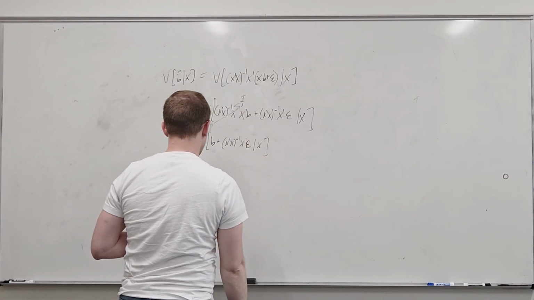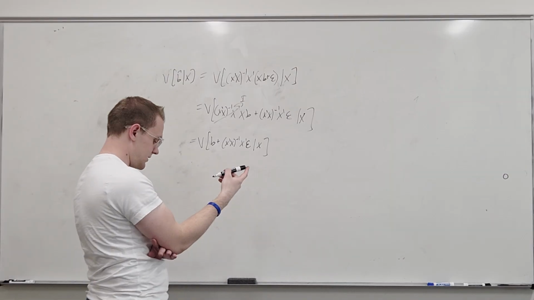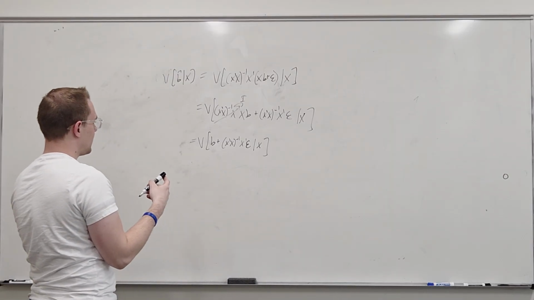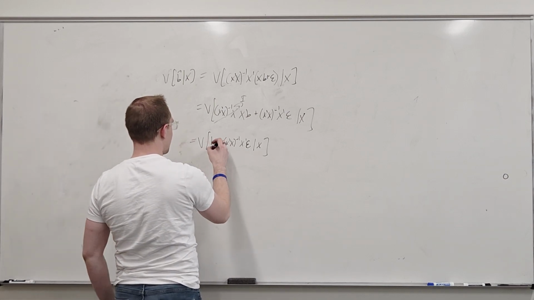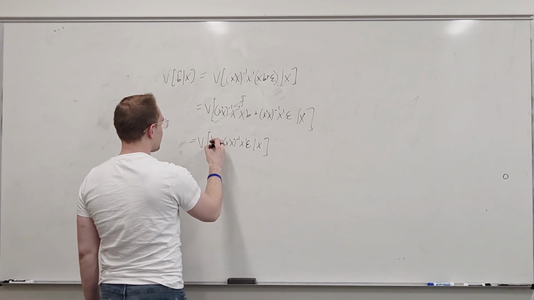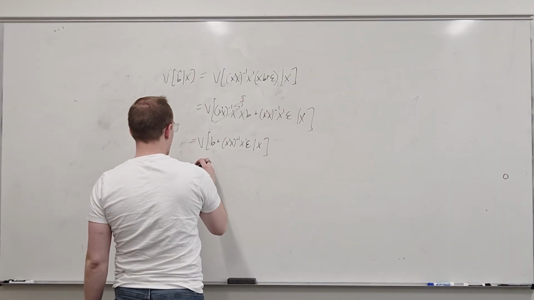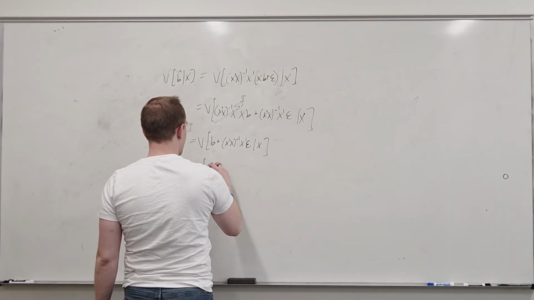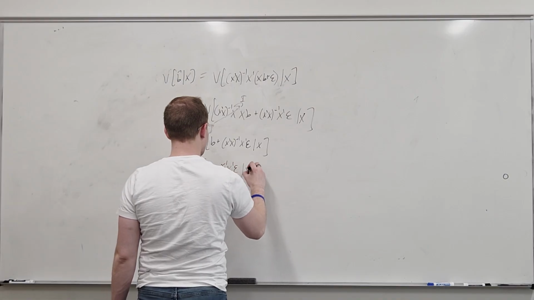Well, I guess the variance of two things. Oh, well, this is great. The variance of b, or our beta, is just like a true value, right? Maybe I should have put beta in here. Beta is a true value, so it's not going to vary. So we're just going to have our variance of (X'X)^-1 X'ε given X.